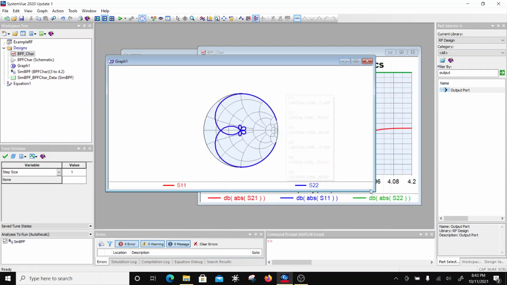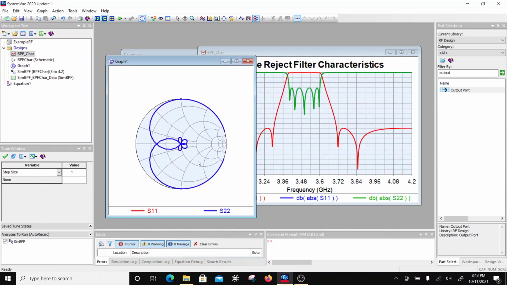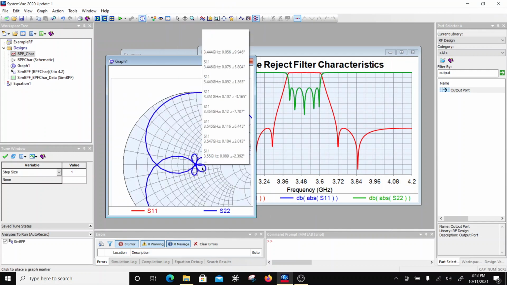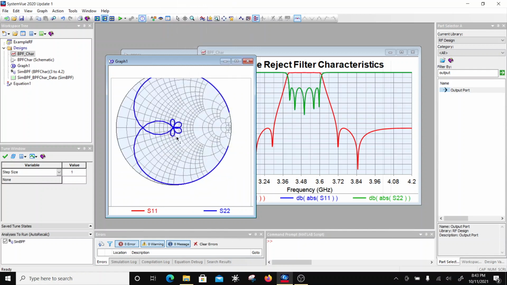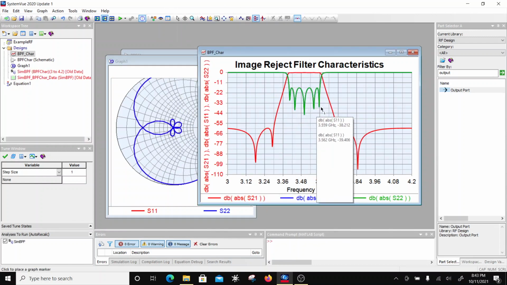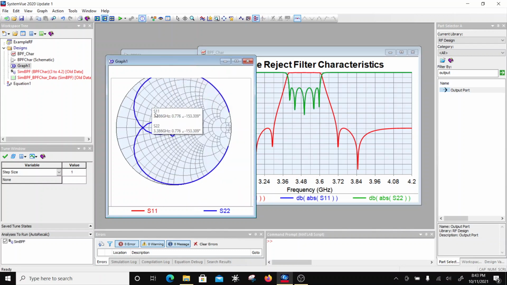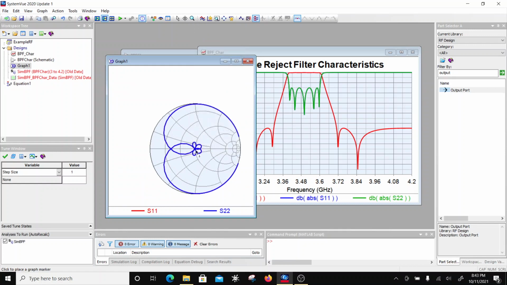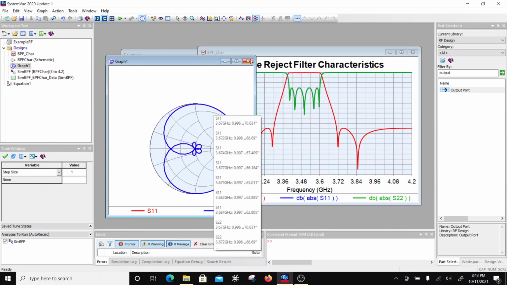So basically this is the reflection characteristics of the filter, right? You are looking at it in the Smith chart here, and here in the rectangular plot. So there's no phase information here. All the phase information plus magnitude information is over here. Okay, so we are all set here with the S parameter analysis or linear analysis.